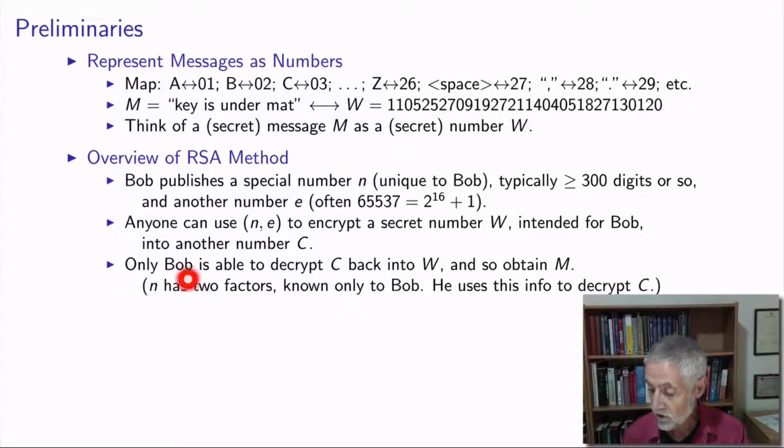Only Bob can decrypt C back into W, and once Bob has W, then it's an immediate translation into M. The point is that N itself has two large prime factors, 150 digits each, maybe up to 300 digits each, and these factors are known only to Bob. And the process of factorising the number N into its two prime constituents is something that is just not feasible computationally.